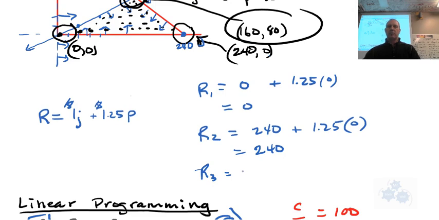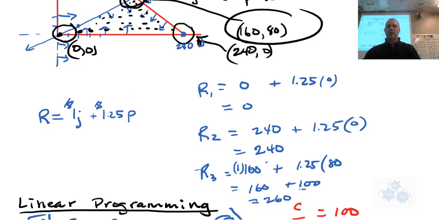Let's talk about R3 now. And R3 is this point. So we've got 160 times 1, and we've got 1.25 times 80. So what's that going to be? 160 and 1 quarter of 80, oh boy, 100. Okay. So this is 260. All right.